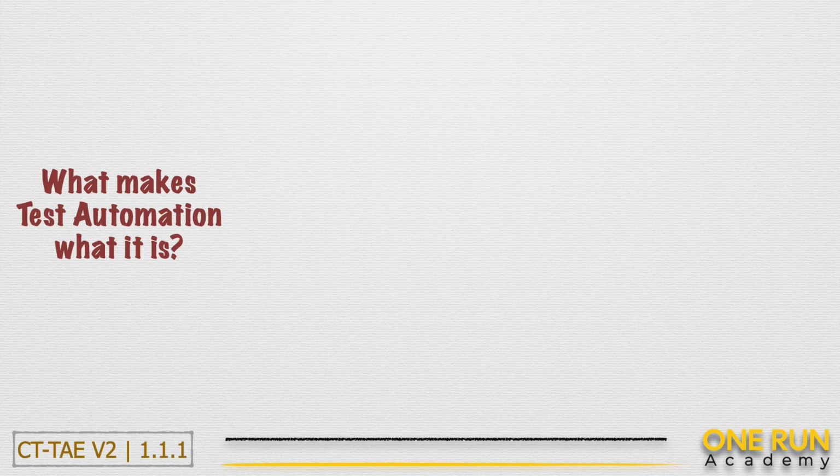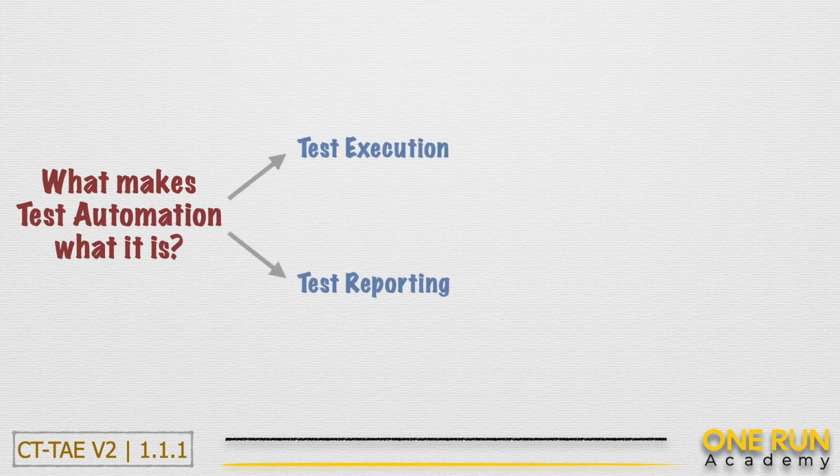Now, when we think about software testing, there are a lot of activities going on, but the big stars of our automation show are test execution and test reporting. And for us to call it automation, these activities need to have some very specific criteria. It's kind of like saying, if it doesn't have cheese, it's not a pizza.